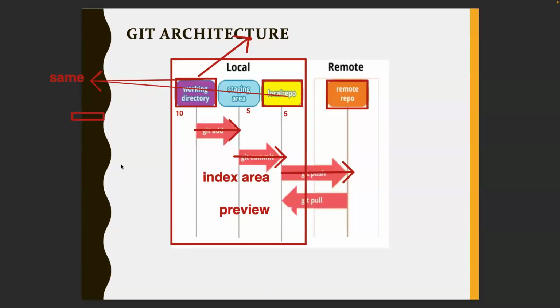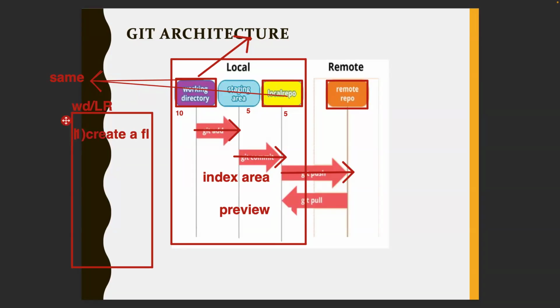Let's take an example. This is a folder or a directory, whatever you call it. This is the working directory. The same is the local repository. But when you call it the working directory versus the local repository makes the difference. Suppose you created a file or copied a file from somewhere and put it here.